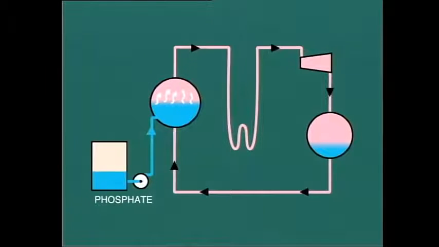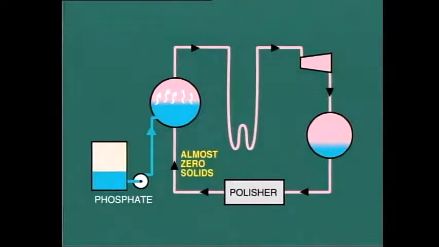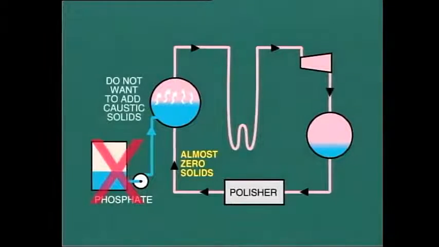In many of these systems, the condensate and feedwater system includes a polishing demineralizer in the feed train. This means that all of the feedwater passes through the polisher for removal of virtually all contaminants. This eliminates the need for adding phosphate to prevent scale formation from dissolved solids. Moreover, we do not want to be adding solids in the form of caustic to our clean boiler water.